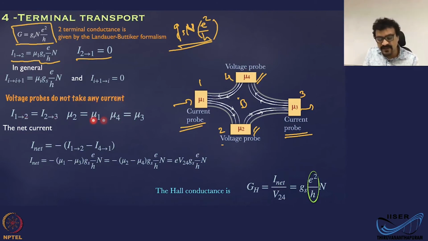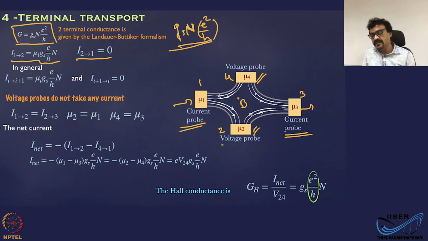I explained all these already: I1 to 2 is the same as 2 to 3. Whatever goes from here to 2 will go to 3. That means this voltage probe can only sense. It cannot change anything. What that means is this should follow whatever the chemical potential is at 1.